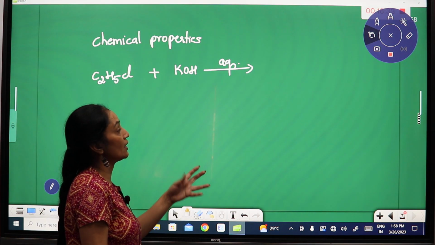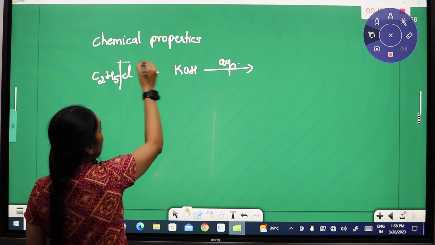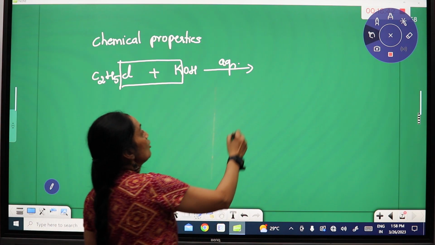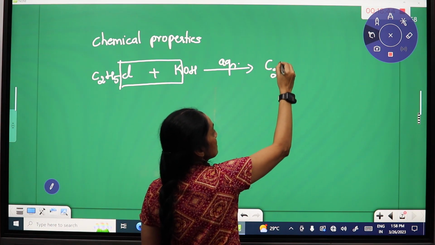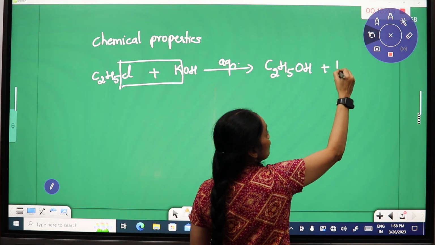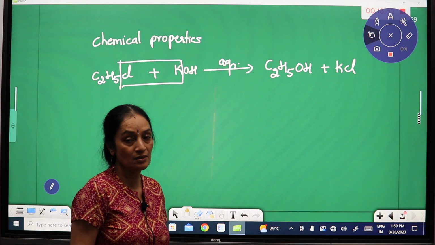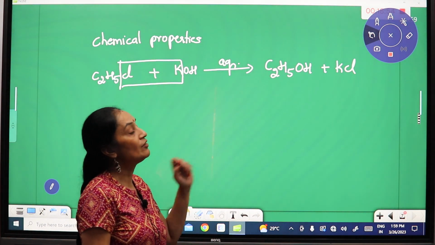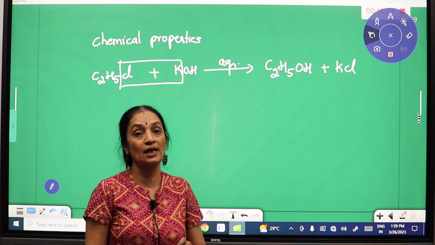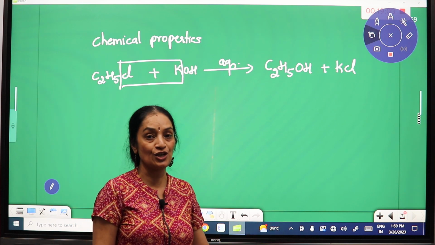When you take aqueous medium, KCl is eliminated, so that I will get C2H5OH with elimination of KCl. I am eliminating Cl here, so we even call it dehalogenation. You are trying to remove a halogen, so we call it a dehalogenation reaction.